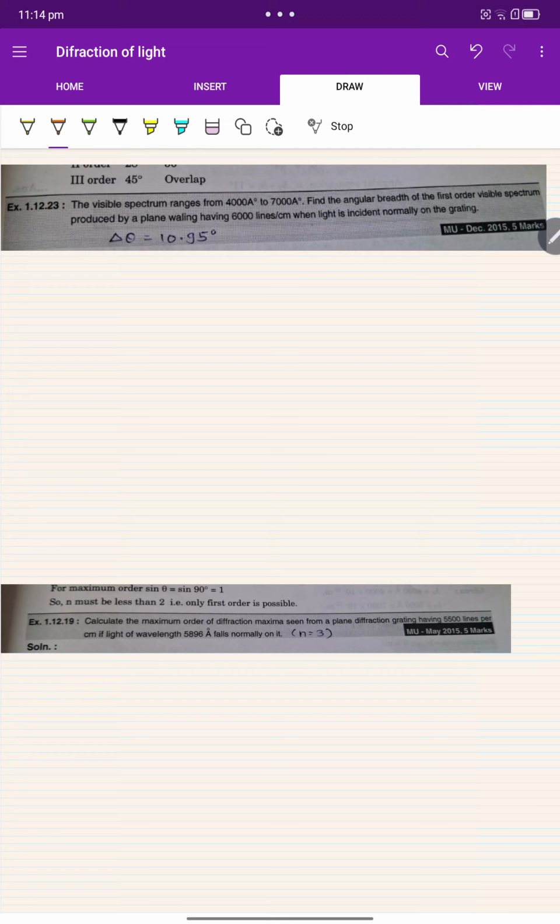For this we use again the grating formula A plus B sine theta is equals to n lambda.